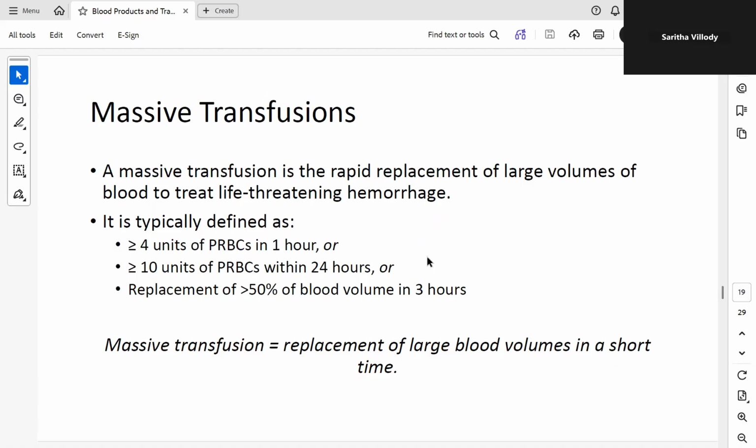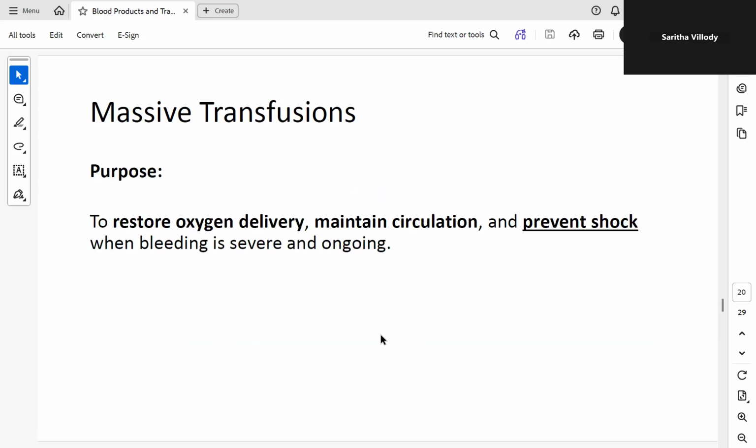So that is a definition of massive transfusion protocol. Or we can also say more than 50% of the blood volume in 3 hours. All of this is massive transfusion. And remember, we talked about the coagulopathies which could develop. The purpose is to restore oxygen delivery, maintain circulation, and prevent shock.